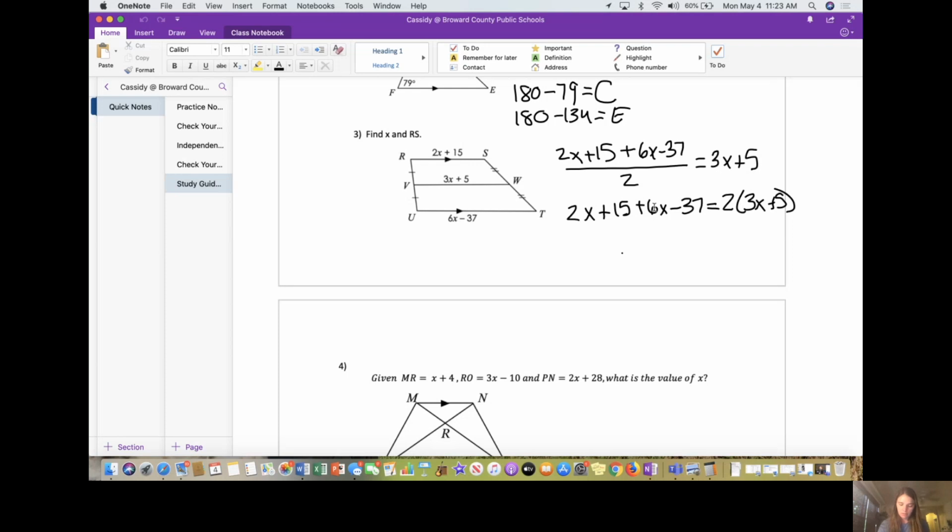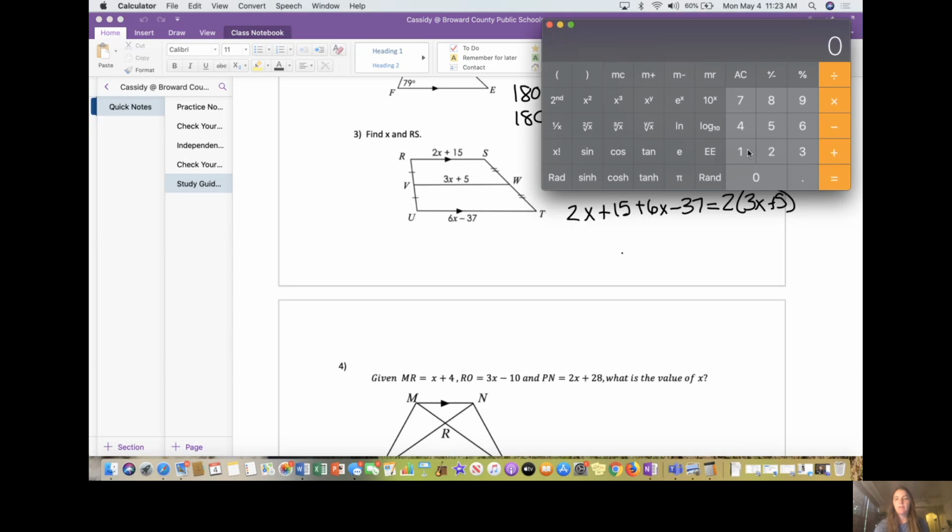So 6x and 2x is going to give me what? 6, 7, 8. 8x. So we've got 8x. And then we've got 15 and negative 37. So let's use our calculator again. 15 minus 37 equals negative 22.